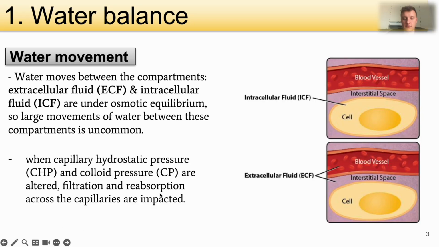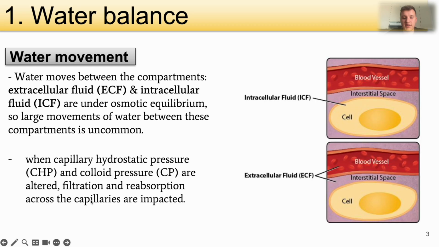If you aren't too sure about these terms, make sure you look at the pre-lecture material. The capillary hydrostatic pressure is basically the blood pressure, the pressure from the heart, how much it's pushing. The colloid pressure is created by the proteins and their concentration.